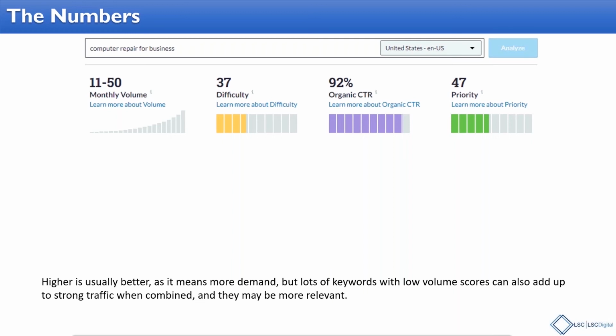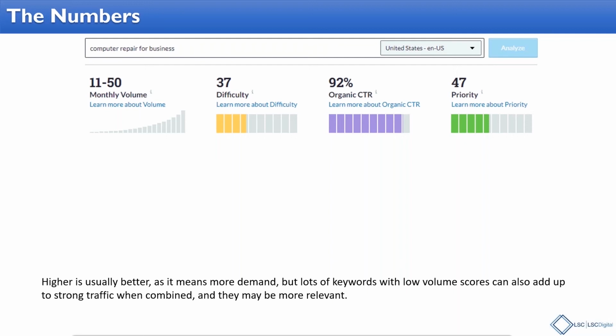So, surprising, computer repair for business, but I do want to put an important note here. Although with search volume, higher is usually better, because it means more people are searching for it, obviously, ranking well for a lot of low volume terms can also bring you strong traffic, and it may be more relevant for you.